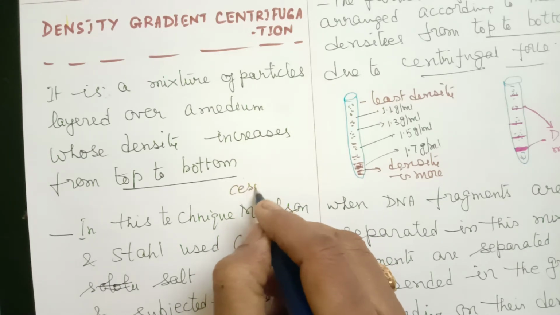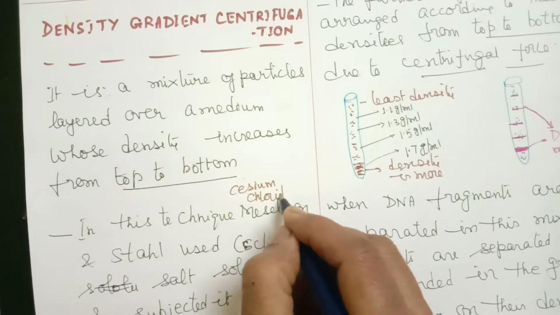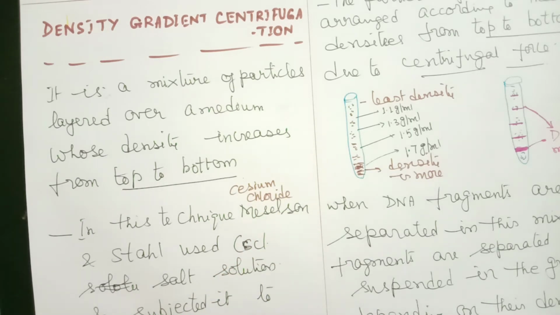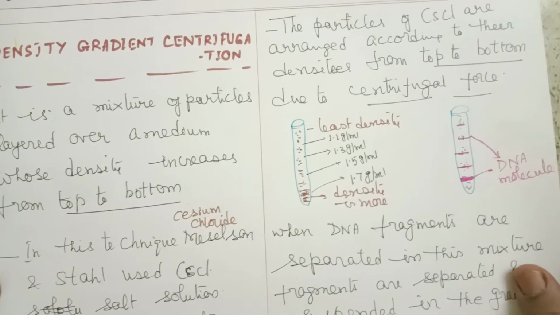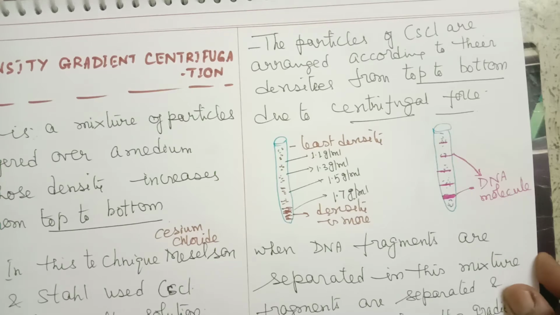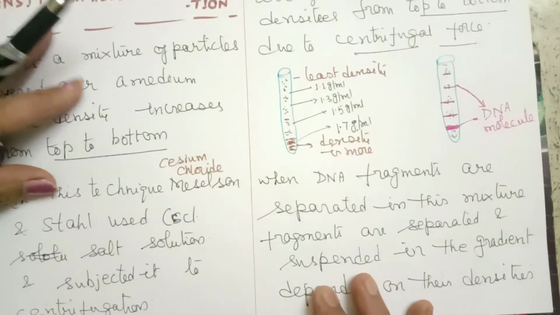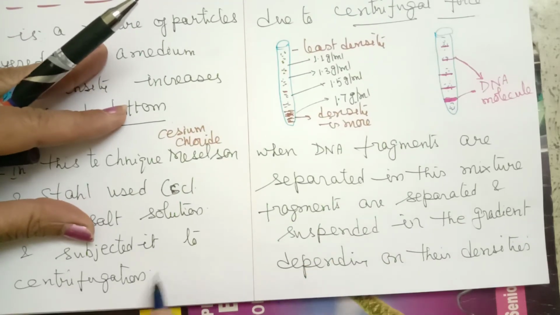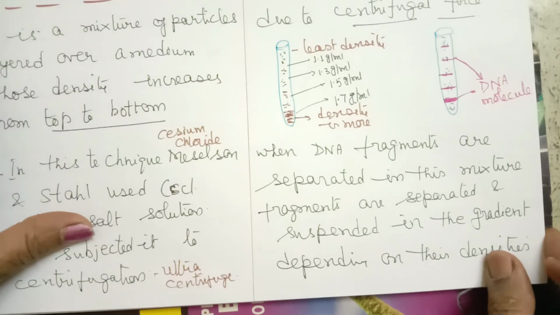CsCl is cesium chloride solution. This was taken as a salt solution, and this salt solution is subjected to centrifugation in an instrument called an ultracentrifuge.